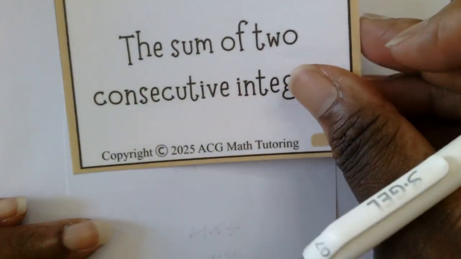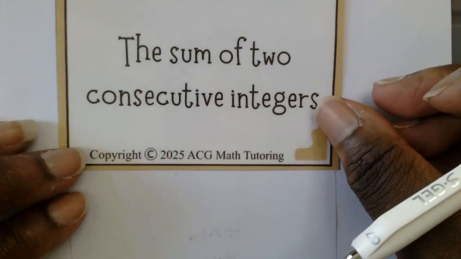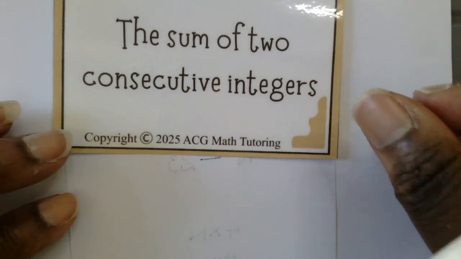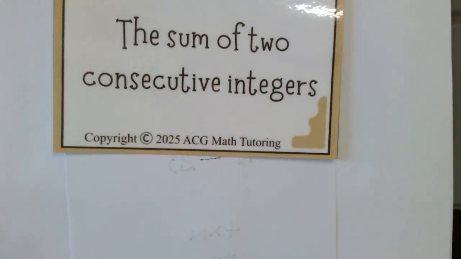All right. Okay. Let's intensify a little bit. You're like, oh God. No, it's okay. All right. The sum of two consecutive integers. So coefficient is a number that's in front of the variable when you're multiplying.